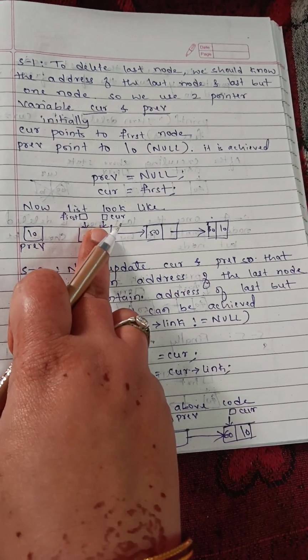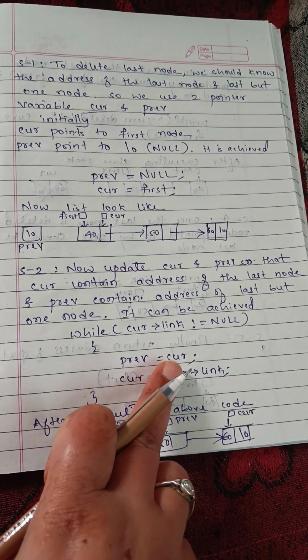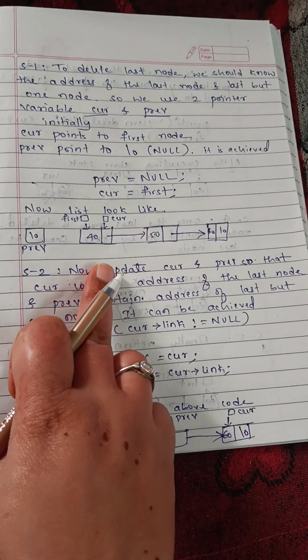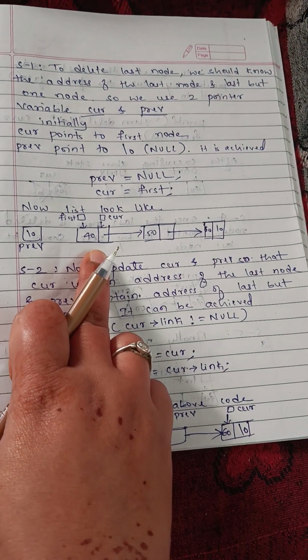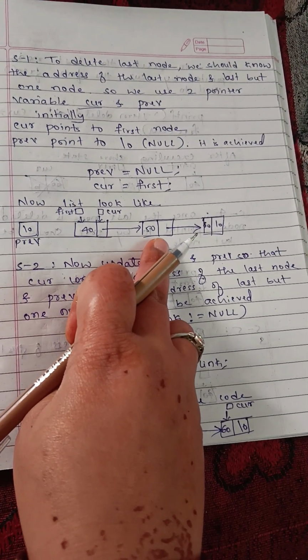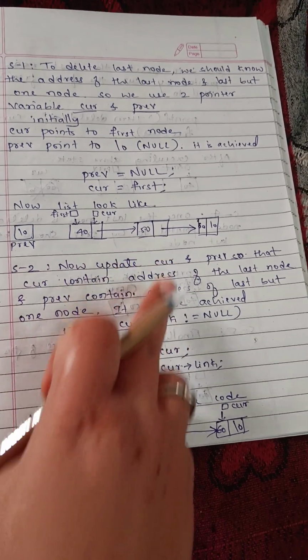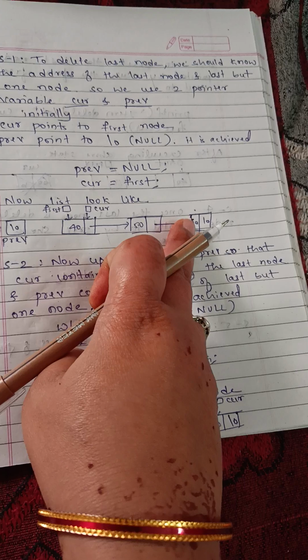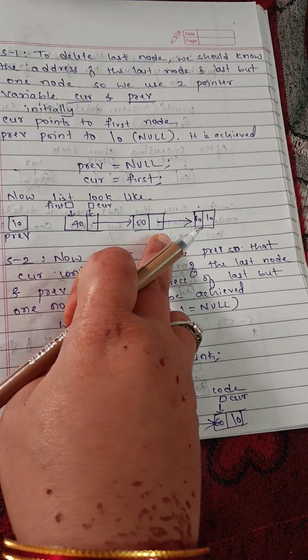Then current becomes previous, and current of link becomes current. Is current of link not equal to null? No, it is not equal to null, so the current moves here, and this becomes the current.